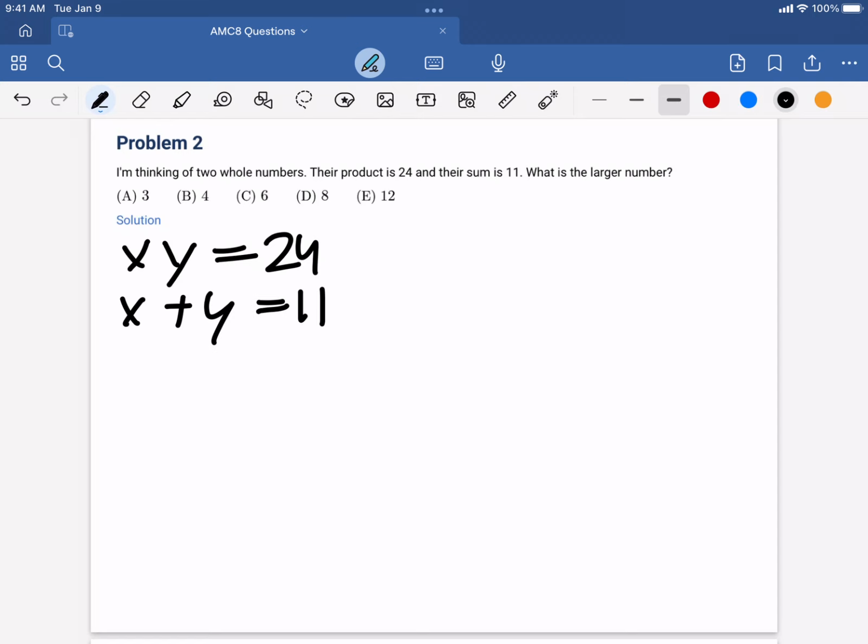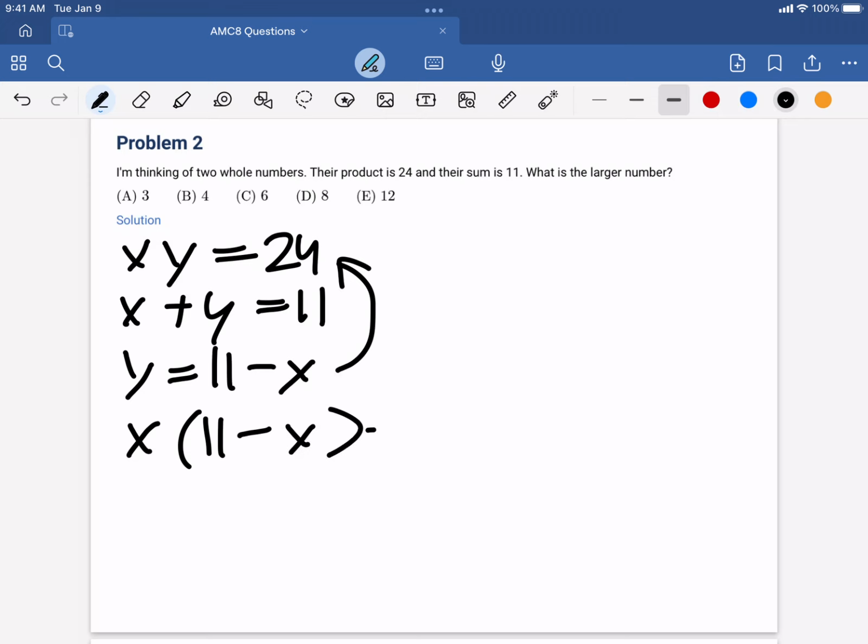Now we can solve the second equation in terms of x, or for y. So y equals 11 minus x. We can plug this into the first equation and get x times 11 minus x equals 24, which is equal to 11x minus x squared equals 24.